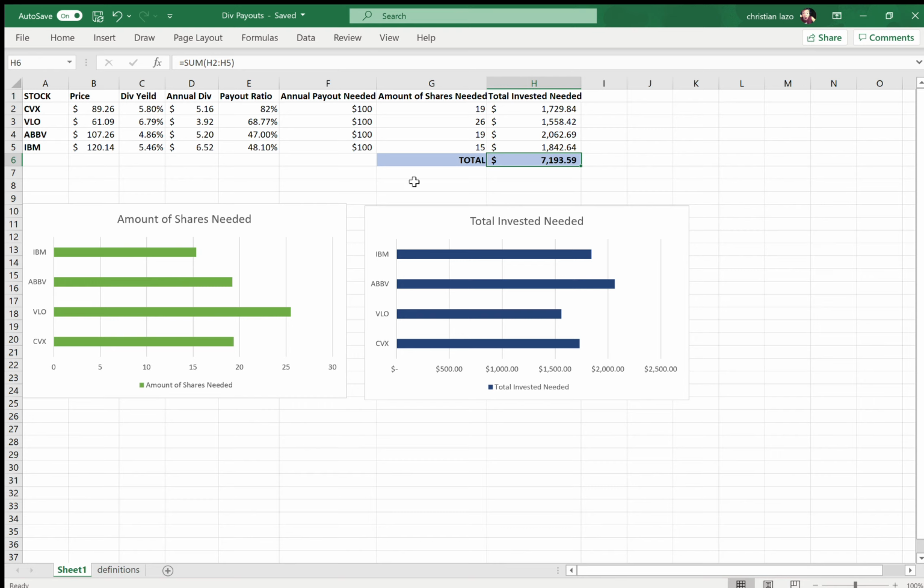Okay, $7,200, which I would need to invest between, well, not evenly, but between these 4 companies right there in order to receive my $400 quarterly.